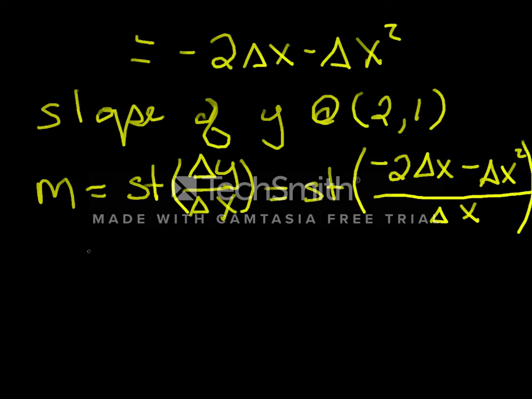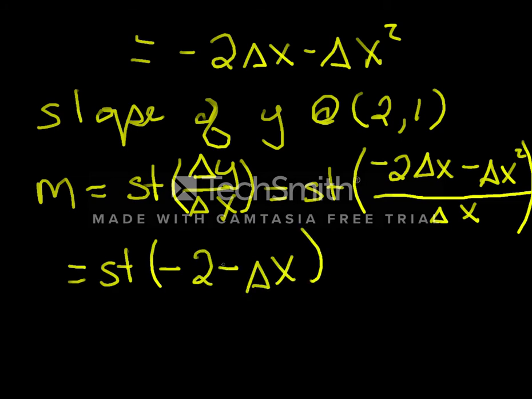And this is equal, we can cancel out, delta x is everywhere, so this is equal to the standard part of negative 2 minus delta x. And since delta x is an infinitesimal and negative 2 is a real number, the standard part of this is just simply negative 2. Which is exactly what we saw when we investigated that curve.